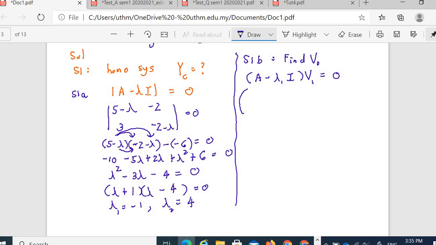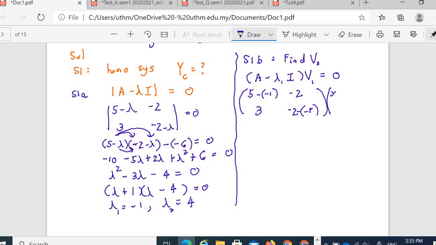So from here, the determinant is straight and the matrix is round. So 5 minus lambda, now plug in lambda 1, which is negative 1. So 5 minus negative 1. So this is negative 2, 3. So negative 2 minus negative 1.